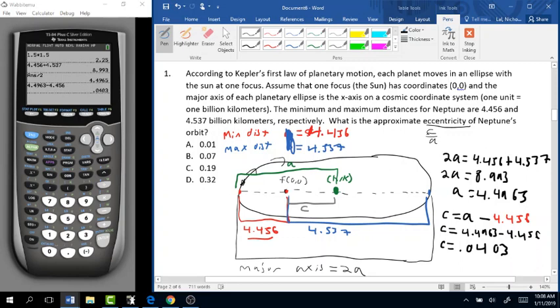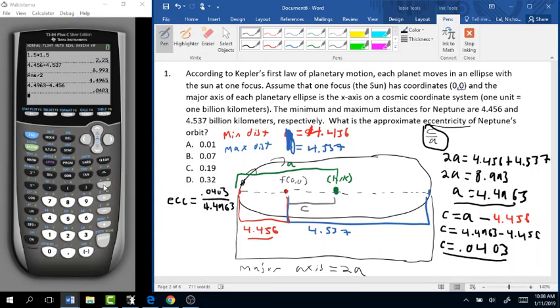So eccentricity is C over A. That's what we're looking to find. We found A. We found C. So the eccentricity is going to be equal to 0.0405 over A, which is 4.4965.